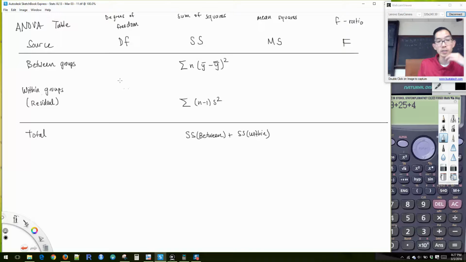Okay, the total degrees of freedom will be the total number of points minus 1. So this might be written as n dot minus 1, n dot meaning total number of points.